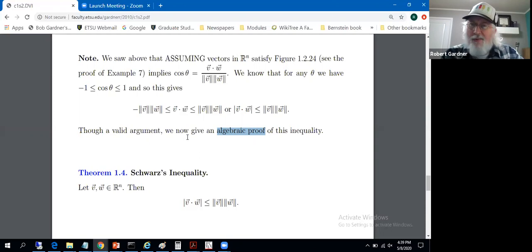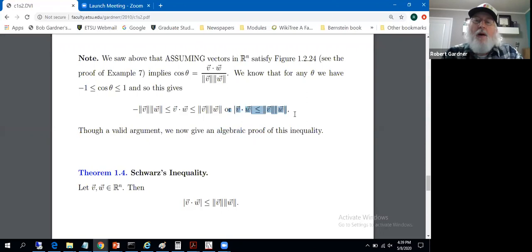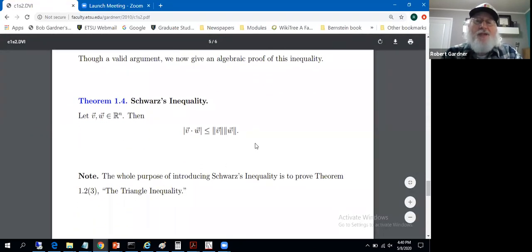Arguably, this isn't a rigorous argument for establishing this inequality because of that figure. You sure that's true? Well, in Rn I am sure that's true, it turns out, but that I can't justify at this stage. So let's give an algebraic argument of this thing here. This thing here is called the Schwarz inequality. Why are you interested in this?